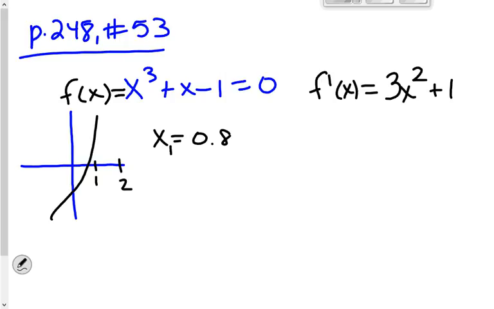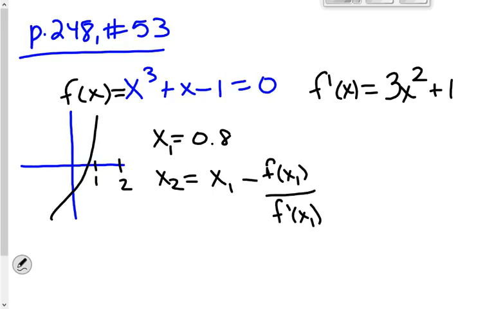So I'm going to let x1, my first guess, be 0.8. Now, my second approximation, the formula tells me, is x1 minus f of x1 over f prime of x1.